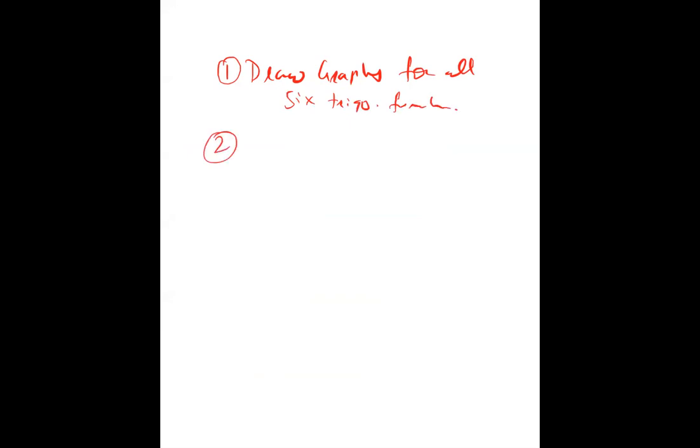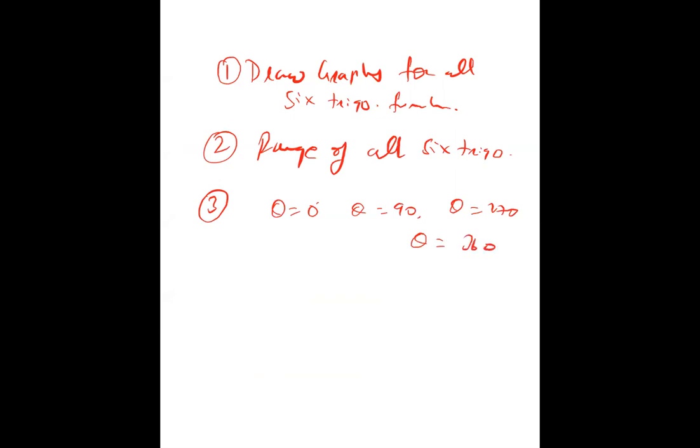Second, you have to write the range of all the 6 trigonometric functions. Memorize it. Third, you have to show for theta equal to 0 degree, 90, 270, and 360 the values of sine theta and cos theta using the unit circle method.